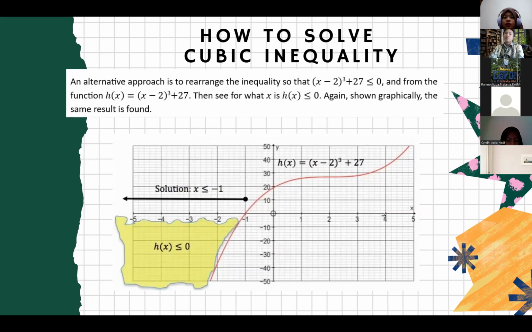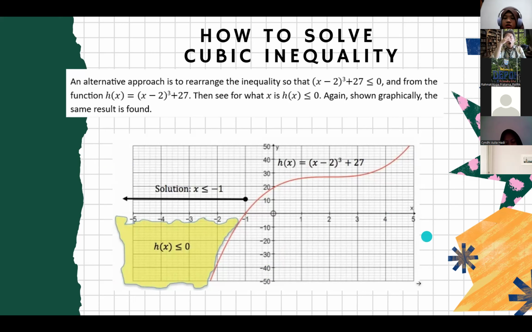Okay, an alternative approach is to arrange the inequality so that the same expression, which is open brackets 2 subtracted from x close bracket cubed added to 27, is less than or equal to 0, and form the function h(x) equal to open bracket 2 subtracted from x close bracket cubed added to 27.